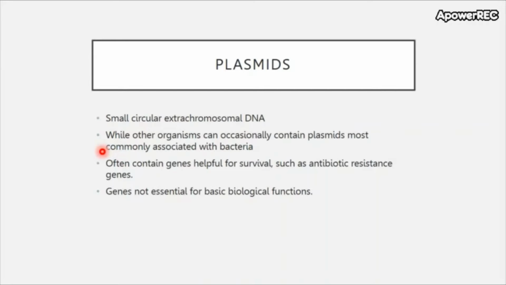Plasmids often contain helpful genes for survival, such as antibiotic resistance or resistance to other sort of stresses. However, these genes are not essential for basic biological functions. So you won't have genes that encode for the cell wall or for the ribosomes or for producing ATP. These are more sort of extra genes that help them under certain circumstances.